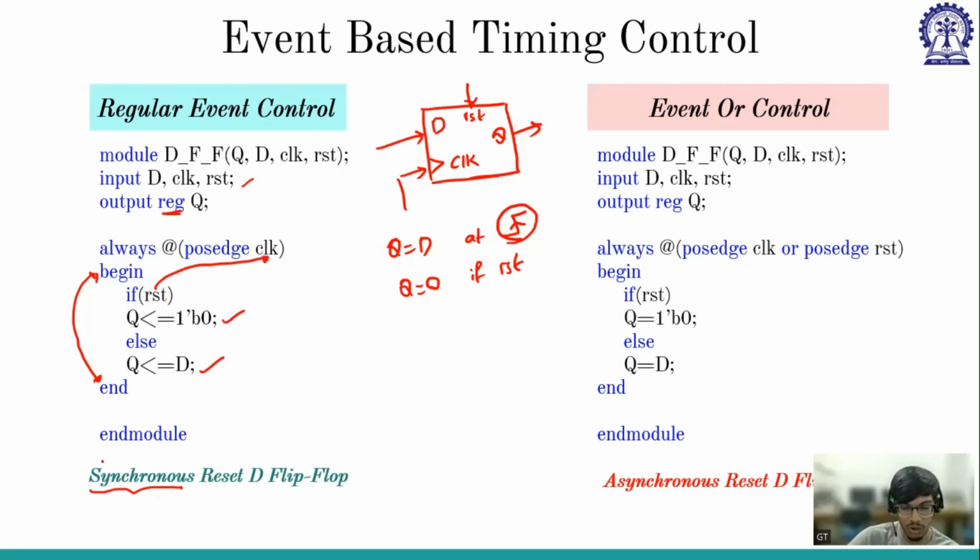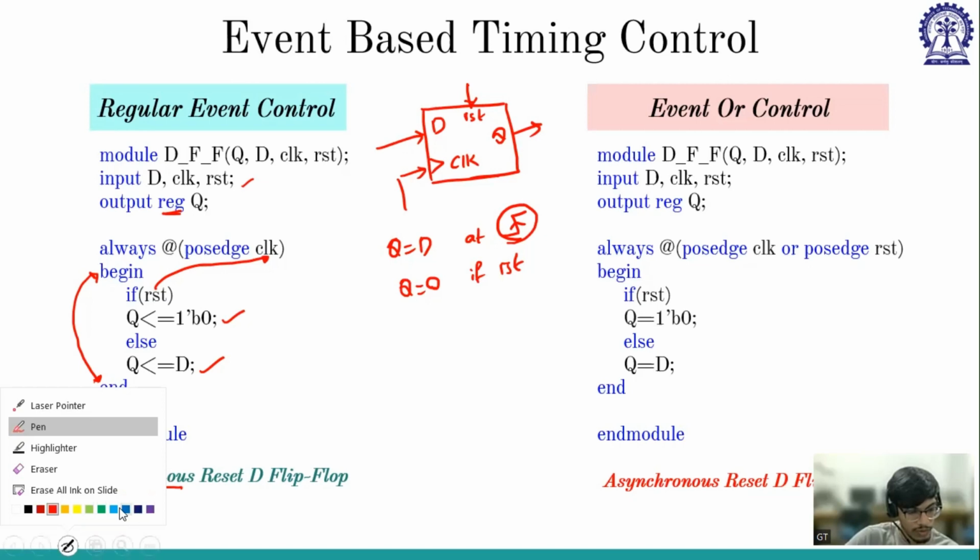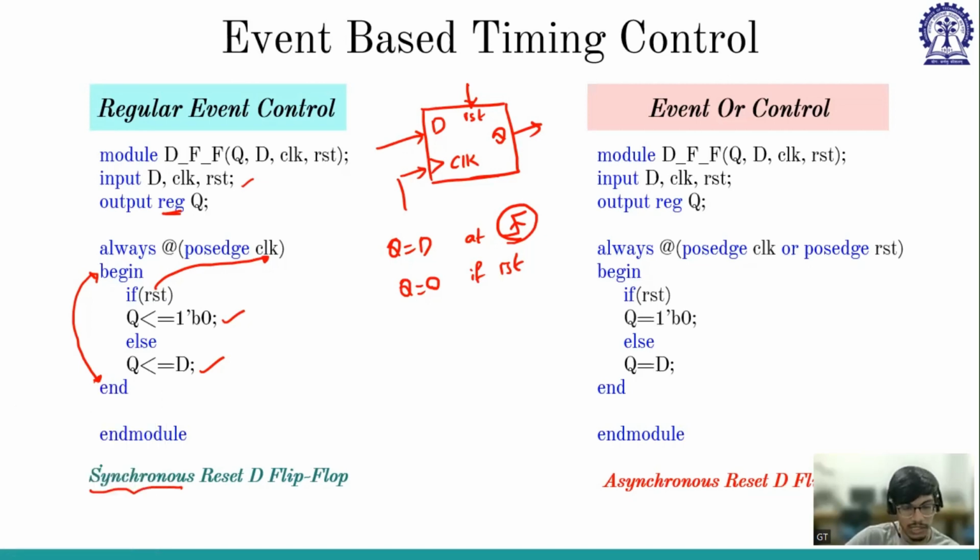If it is asynchronous, irrespective of the clock rising edge, if I click reset, I want it to be reset. So in that case, we will do posedge clock or posedge reset. So whenever there is a posedge in the clock or whenever there is a posedge in the reset. If I have clicked reset, it has gone from 0 to 1, so the code will detect this rising edge and it will reset.